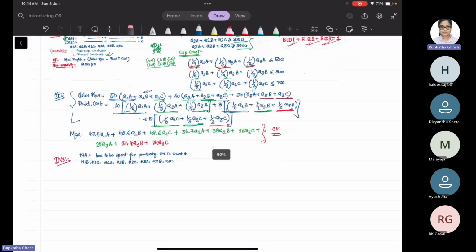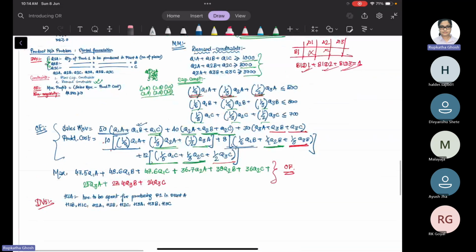Now, very simple difference. Here we were multiplying with 1/4, 1/3 and half. Take the first constraint, for example. Why? Because we wanted it to be consistent with the number of hours on both the left-hand side and right-hand side. Now, how can we write this constraint? This is your decision variable right now.